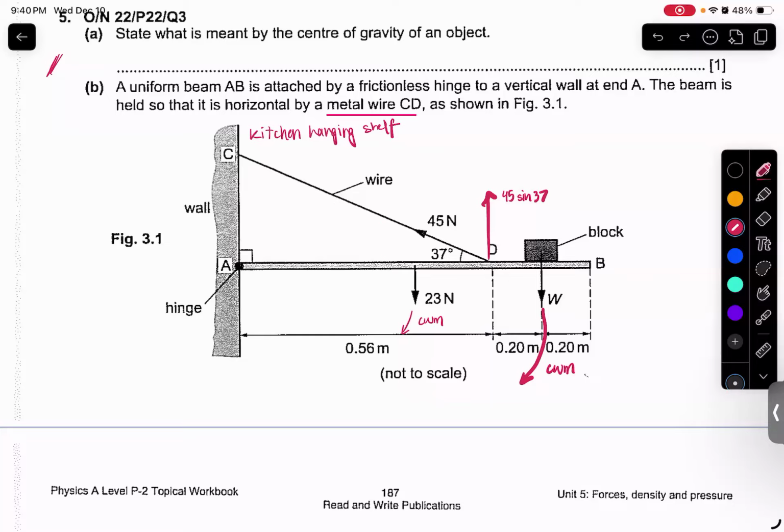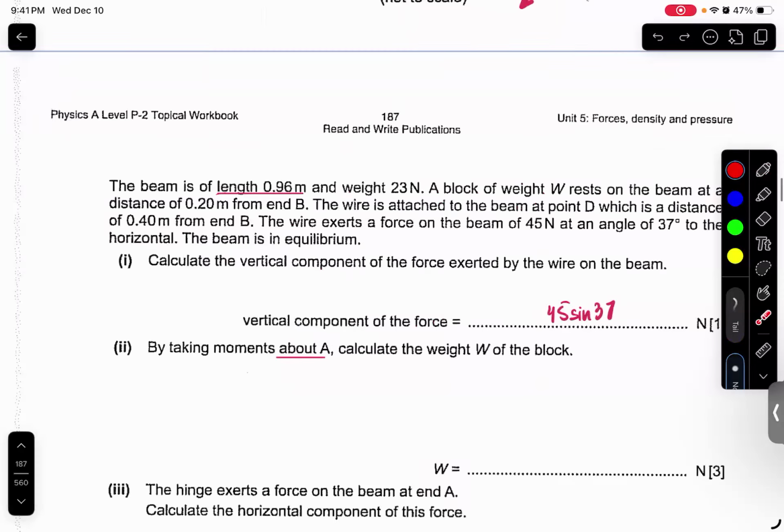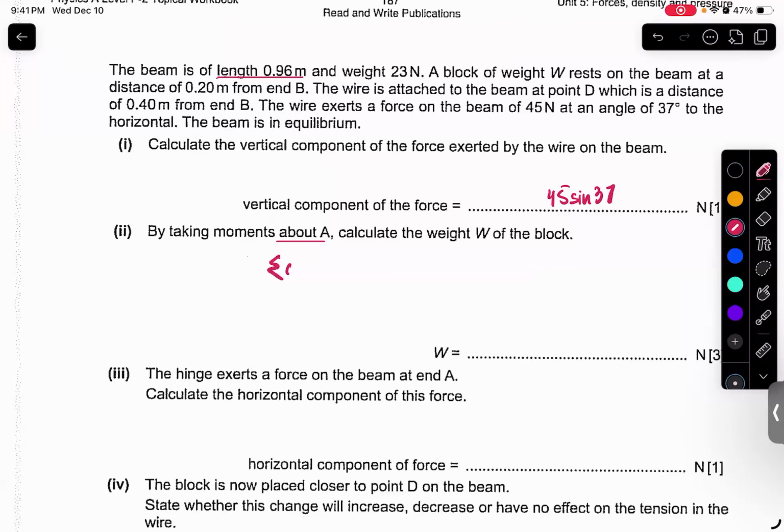That means the wire is providing an anti-clockwise moment, because if you increase the force from the wire, you provide an anti-clockwise moment. If you pull the wire too strongly, the bar is going to go upwards. So if the bar is balanced, the clockwise and anti-clockwise moments must be balanced. Again, we're just applying the formula now.